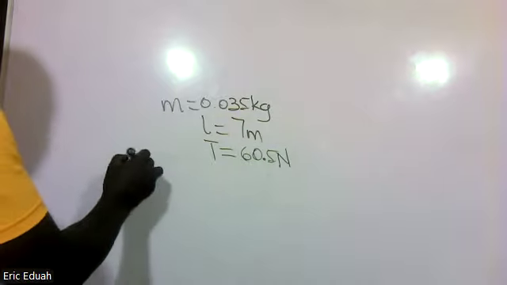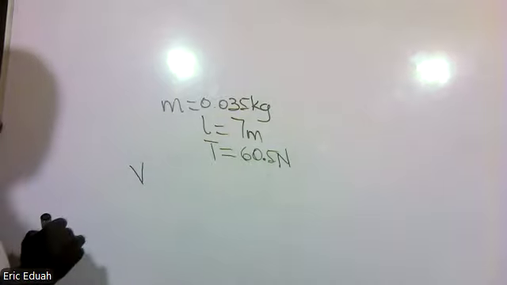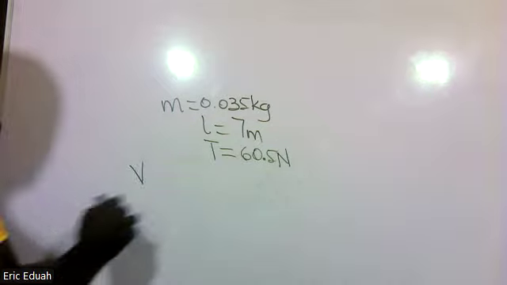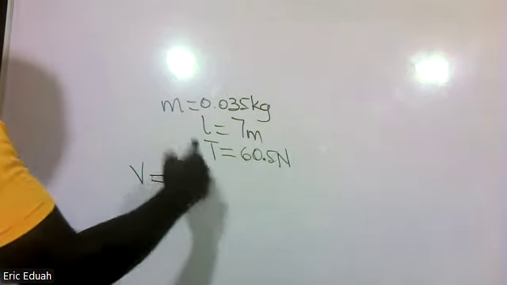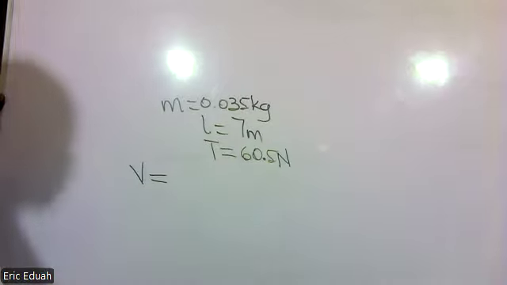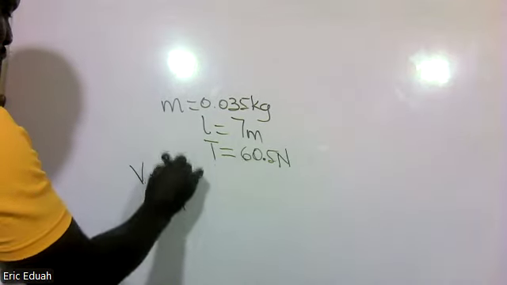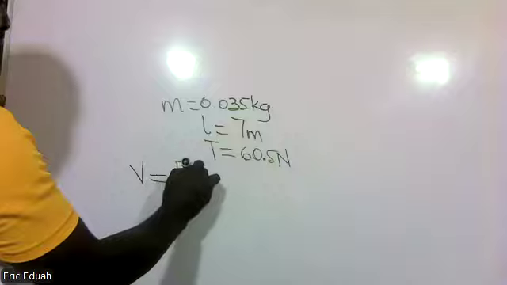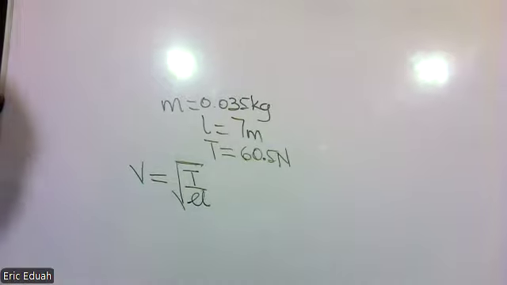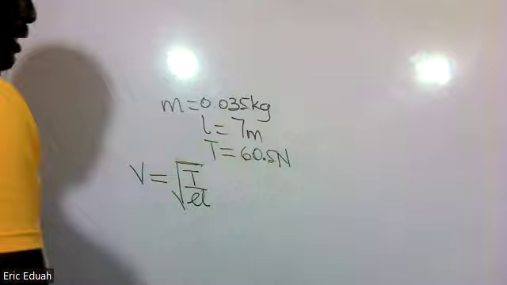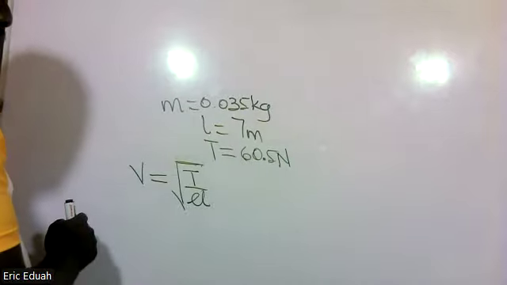Now velocity of a transverse wave in a string is equal to the square root of the tension divided by the linear density, mu.